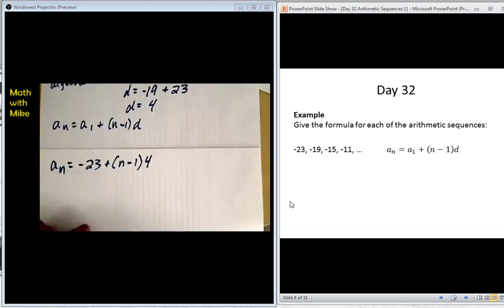Okay, so now I don't want to leave it like this. Go a little bit further to simplify this, right? So a little bit of multiplying and such.